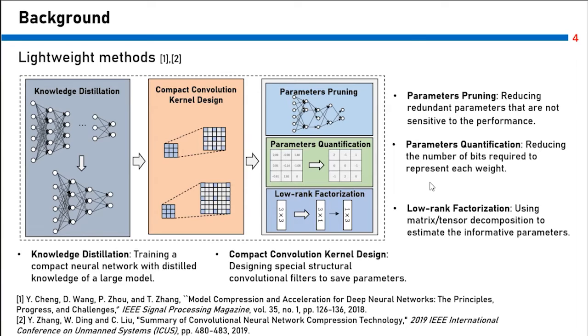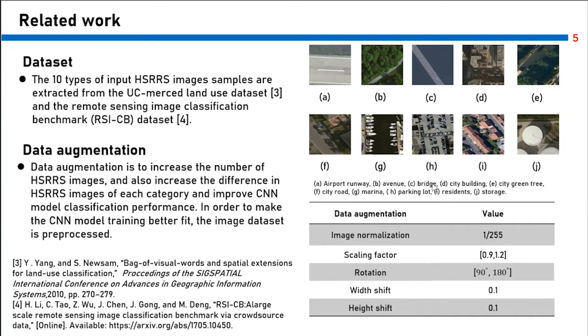The following is the related work part. The experimental data is 10 types of input HSRS image samples extracted from the UC Merced Land Use dataset and the remote sensing image classification benchmark RSICB dataset.